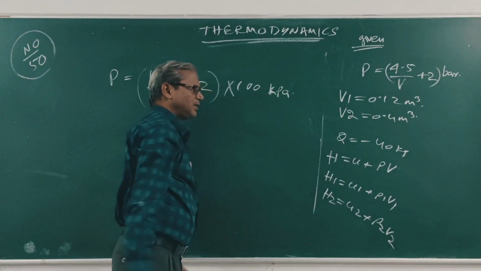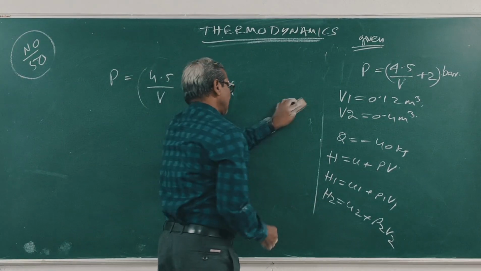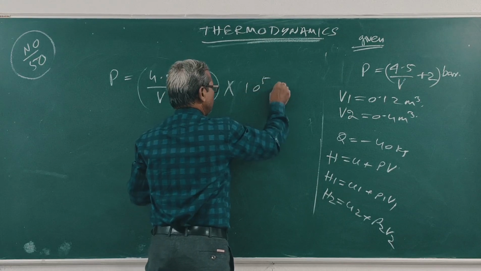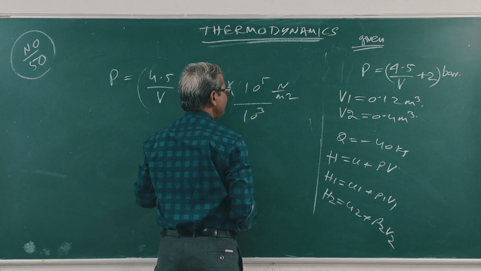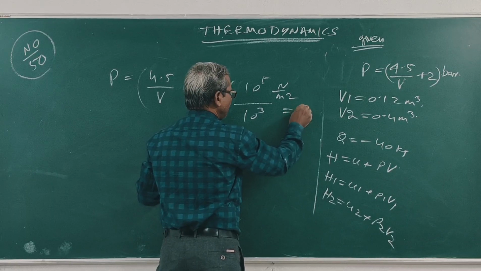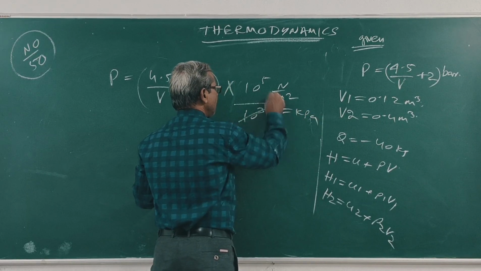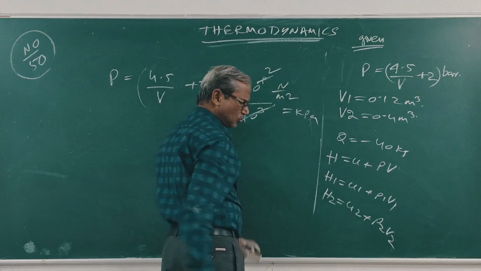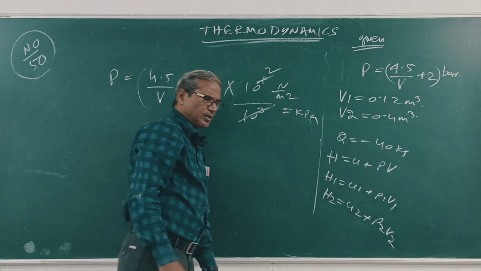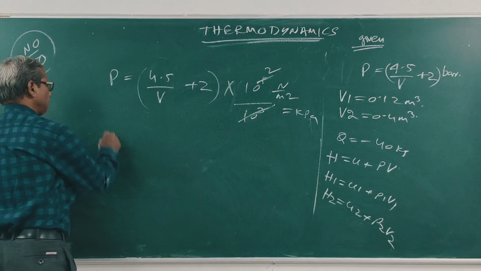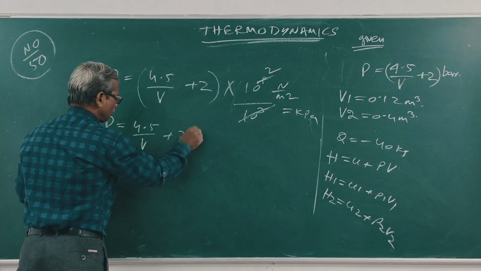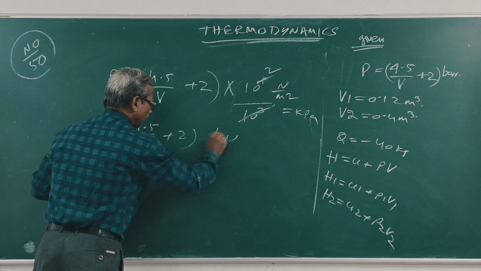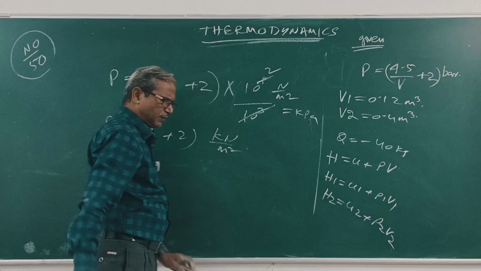Bar means 10 to the 5 Newton per meter square, divided by 10 to the 3 for kilopascal. So P is equal to 4.5 by V plus 2 kilonewton per meter square. This is the value of P.